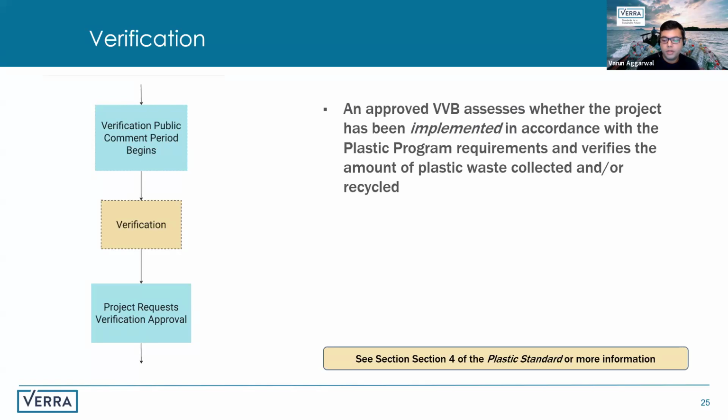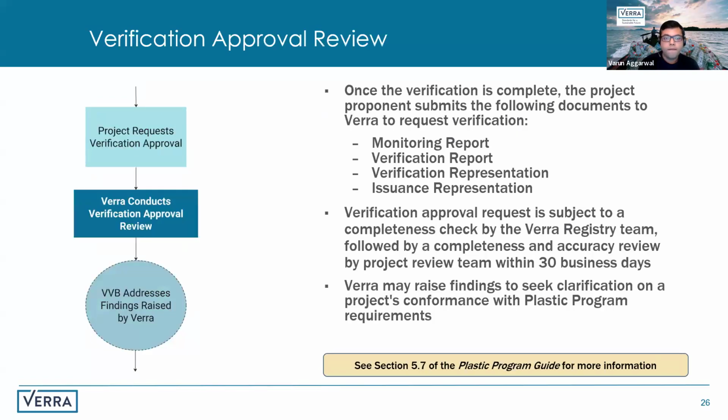And for the various rules and requirements related to verification, you can refer to Section 4 of the Plastic Standard, which also lays out the rules for the accreditation requirements for the third-party validation and verification bodies, in addition to rules and requirements for validation and verification of projects.